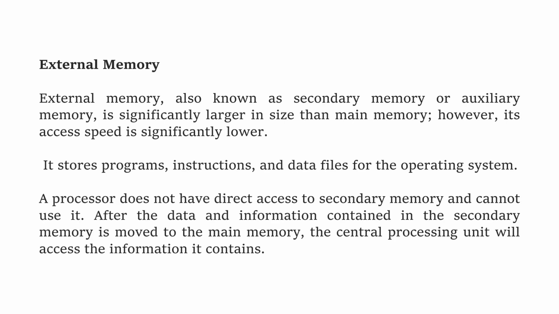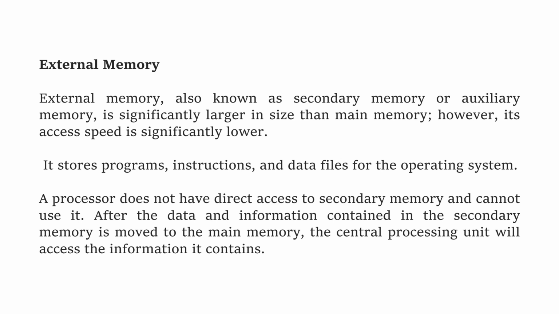Then we move on to the external memory. This external memory is also known as the secondary memory or auxiliary memory, and it's significantly larger in size than the main memory, but its access speed is very low. It stores programs, instructions, and data files for the operating system.